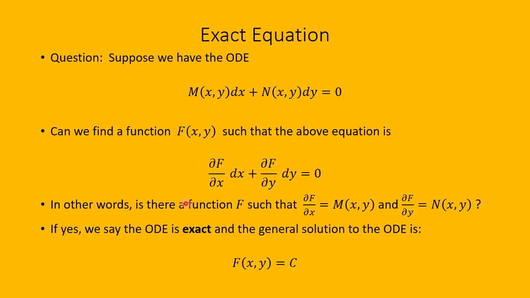In other words, is there a function f such that the partial of f with respect to x equals M up here, and the partial of f with respect to y equals N up here?